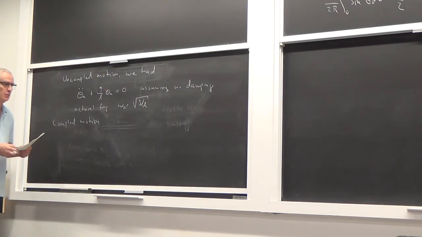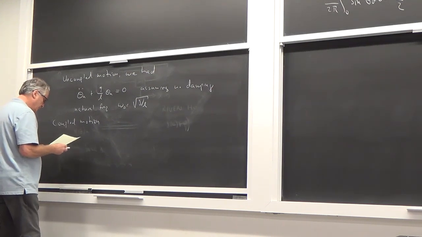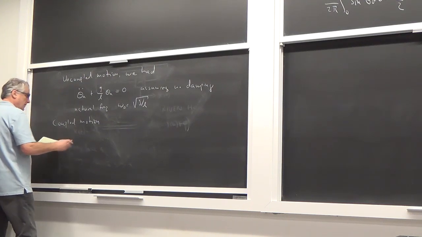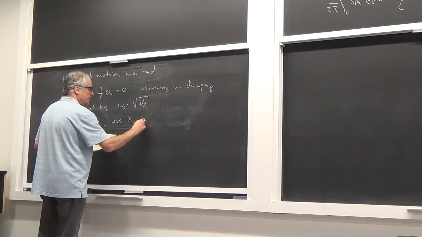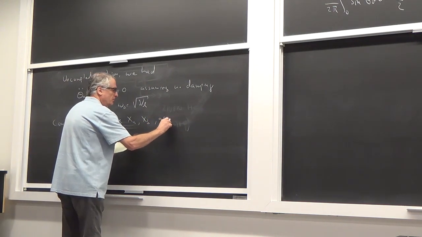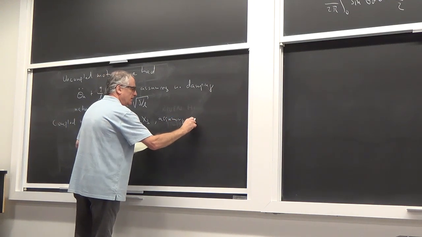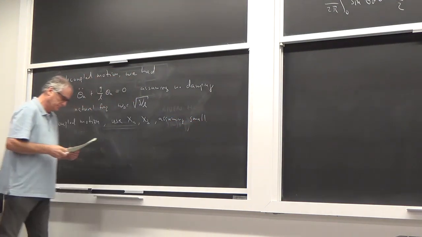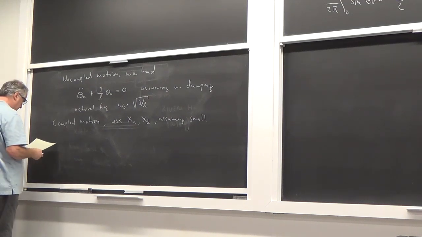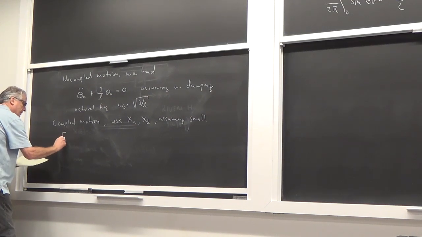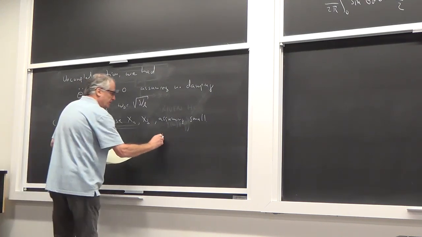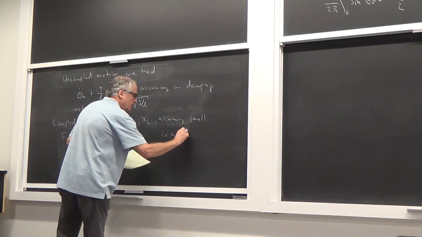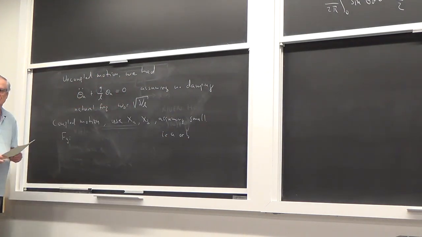And it's a good coordinate system to describe that force in. So we're going to use x sub A and x sub B, and we're going to assume they're small. So let's see, the gravitational restoring force on mass I, so I is just equal to A or B.